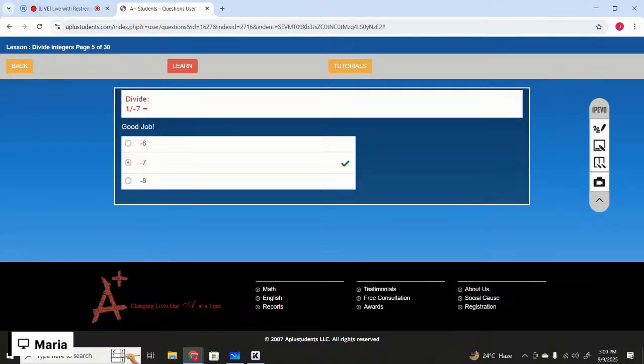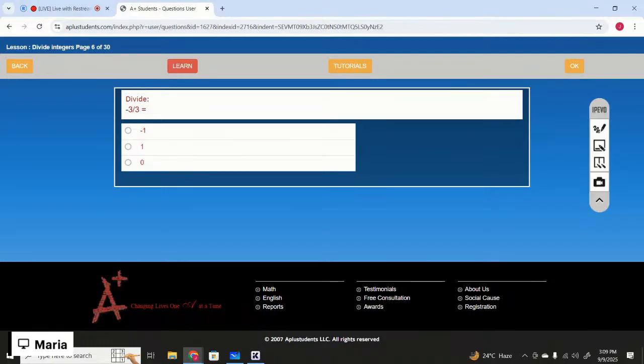Option number 2 is the correct option. Negative 3 dividing by 3, that would be negative 1. If either of the number is negative, the answer is negative.